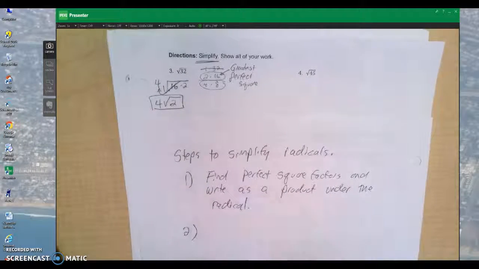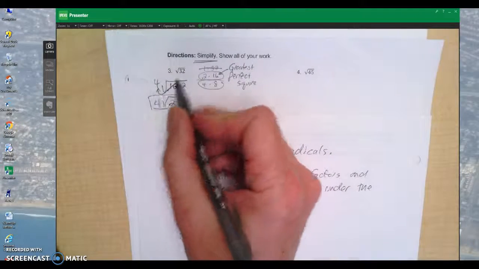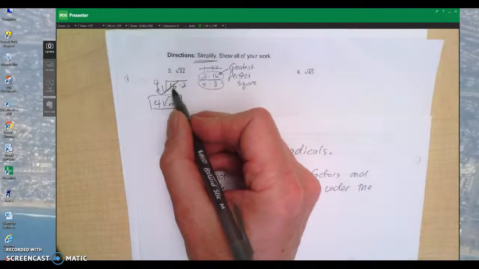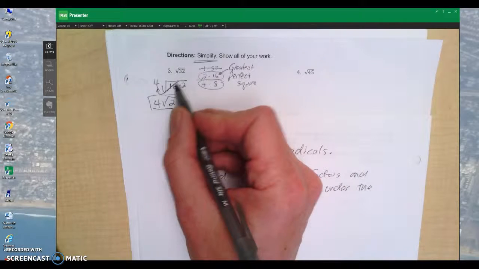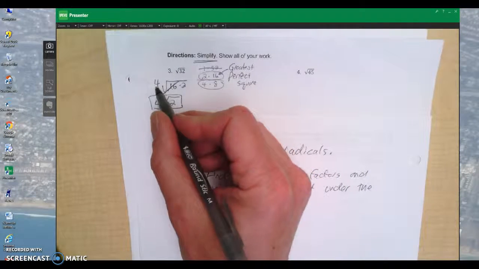Then what did I do? I use the word take out because anytime you have a perfect square under a radical, hey, you can take the square root of it. What's the square root of 16? It's 4.